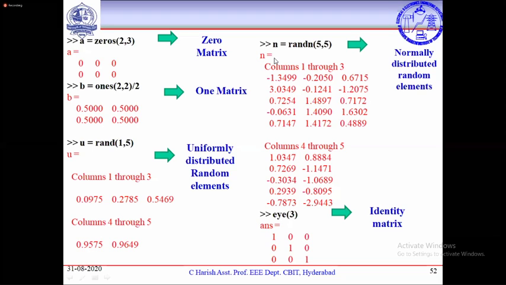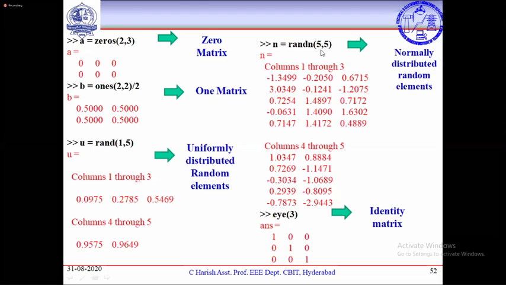This has ones matrix. Another one is u equal to rand of 1 comma 5. Randomly distributed matrix or a row matrix. We are going to have 1 comma 5, means uniformly randomly distributed variables. Then normally distributed.